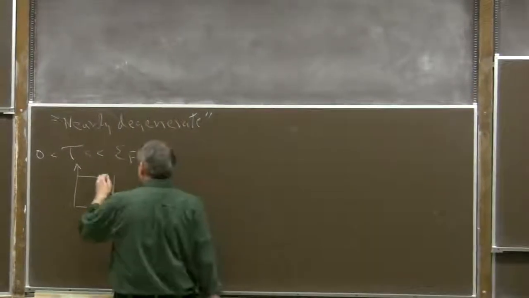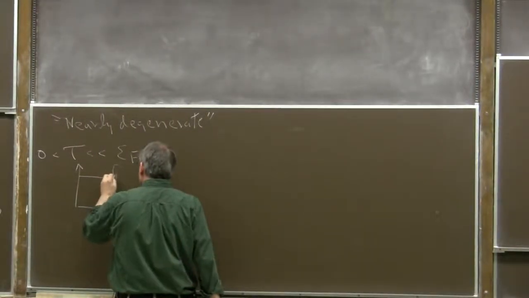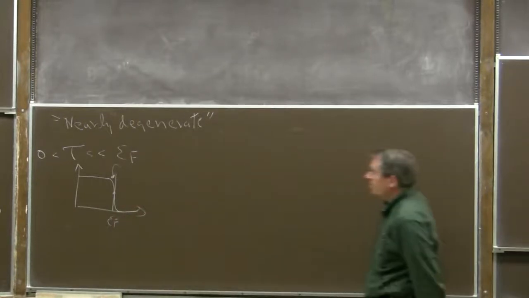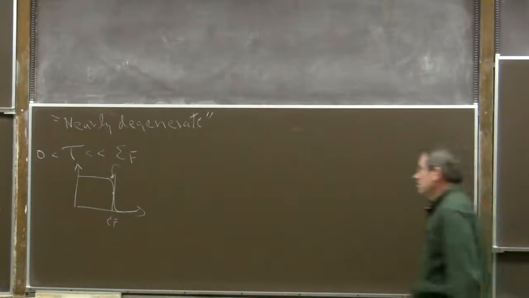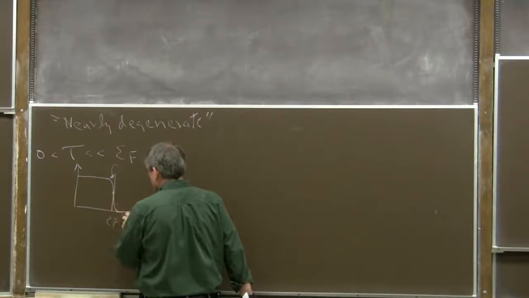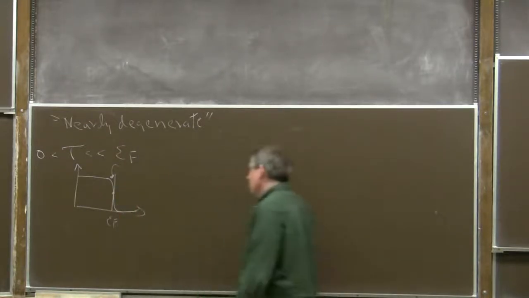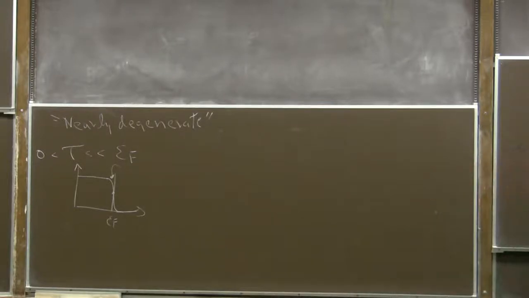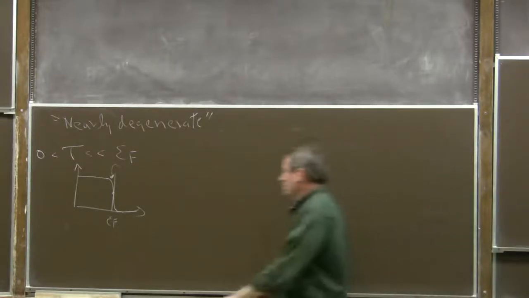So there are some orbitals close to but below the Fermi energy for which the occupation number is a bit less than 1, and some orbitals just above the Fermi energy where the occupation number, though less than 1/2, is not strictly 0.